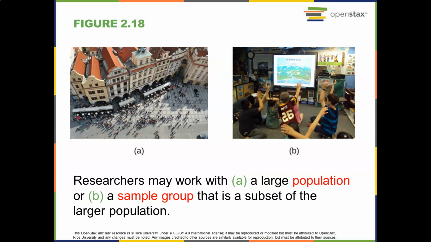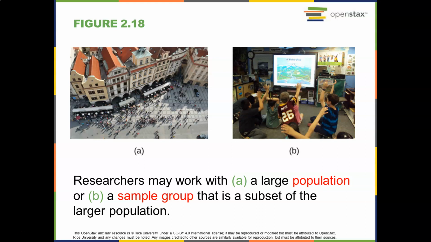Now the only thing is, it's really hard to get every single student in a college to participate in a research experiment. So the researcher will more than likely get a sample group. That's the second term right here in red. That's a smaller group of people that represent the entire population.